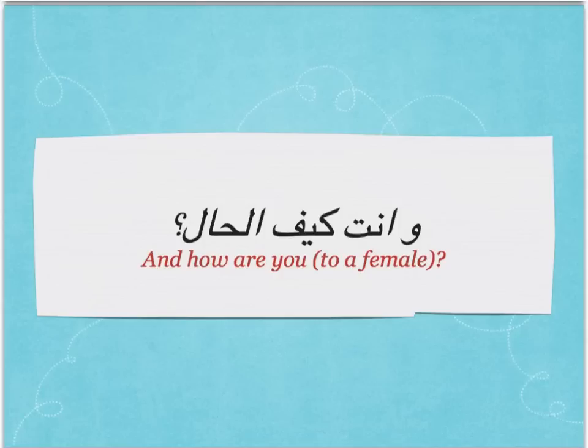Both of the phrases are written in exactly the same way. The only difference is the placement of a fatha or a kasra. In the male version, we add a fatha on anta, and in the female version, we add a kasra, which goes underneath the line on nt.